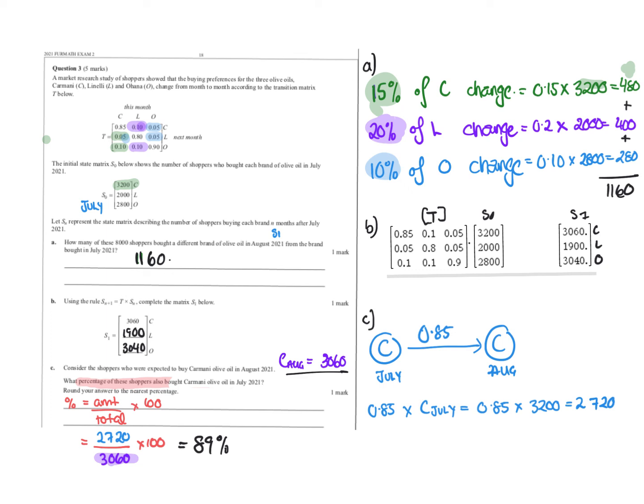Now, what percentage of them had also bought the C in July? So if you look up, if you're going from C to C, it's 0.85. So in July, we had 3,200, so it's 0.85 of that. So I find the 270 and I put it in, and this is how I get the percentage.